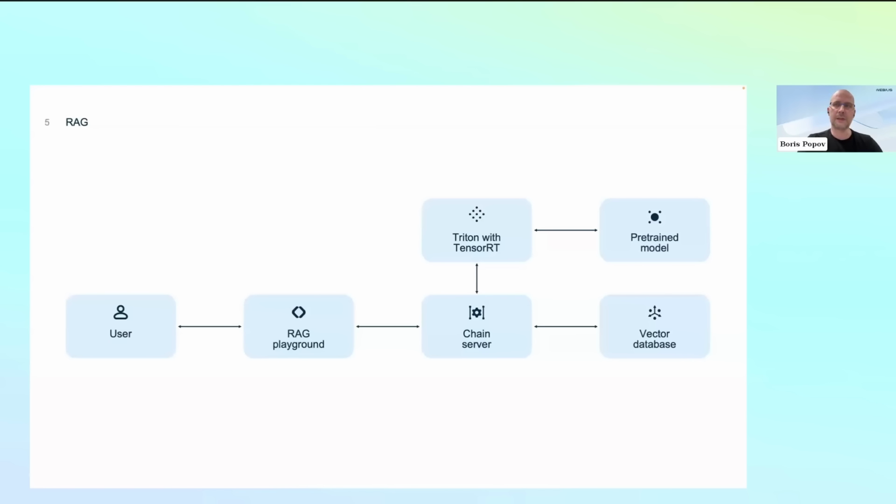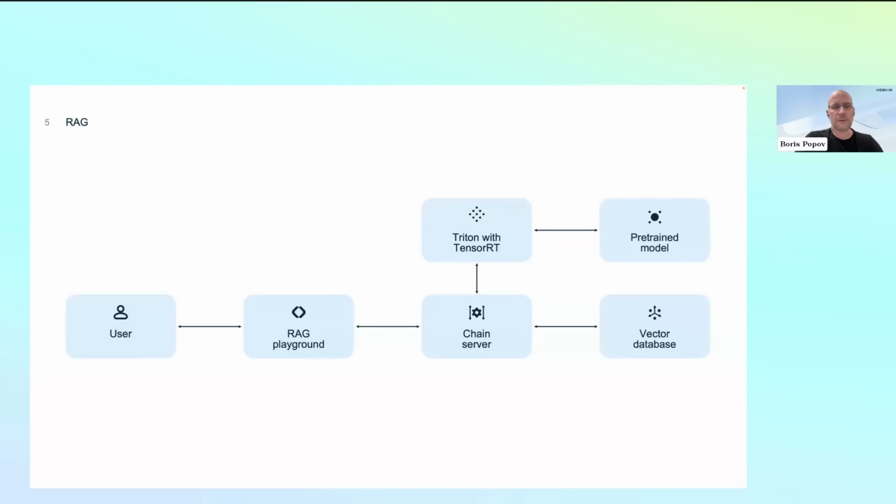Specifically in this presentation, I will be focusing on the RAG example that NVIDIA created. This is what this particular example looks like, in a simple diagram. Typically in RAG, we have a query input, where the user provides a query prompt. Then there's a retrieval step in which this chain server is going to search a database to retrieve relevant documents. In my case, I will be using a vector database, specifically Milvus.